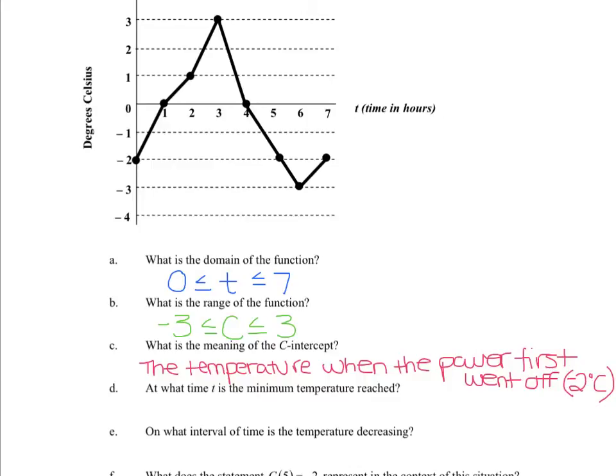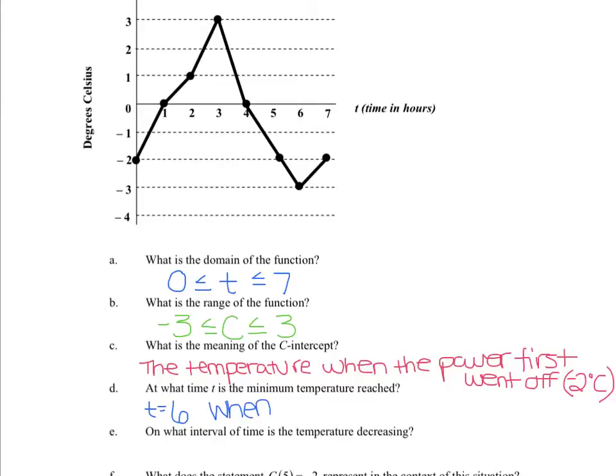The next question is, at what time t is the minimum temperature reached? So the minimum temperature is our smallest value, which is right here, at negative 3 degrees Celsius, and that was reached at 6 hours. So at what time t is the minimum temperature reached? It's reached at t equals 6.